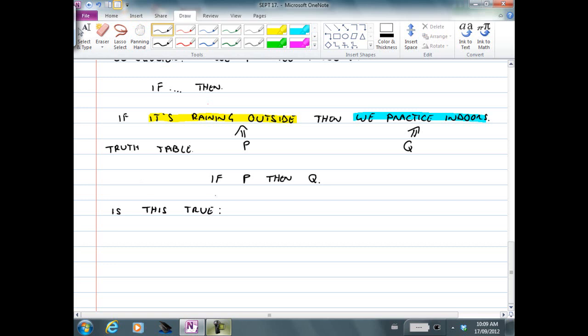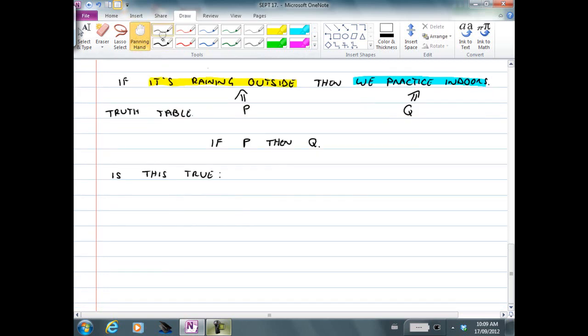Here's your statement. I'm going to flip this around now. Instead of saying if P then Q, I'm going to say if Q then P. Your job is to say, is this a true statement or a false statement based on my original? Notice I'm switching around.